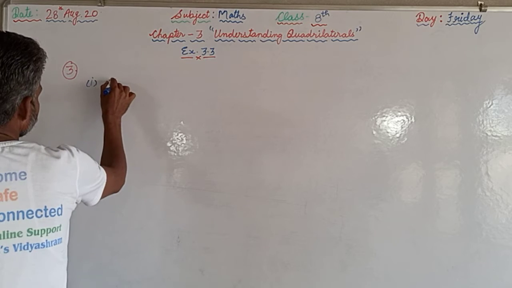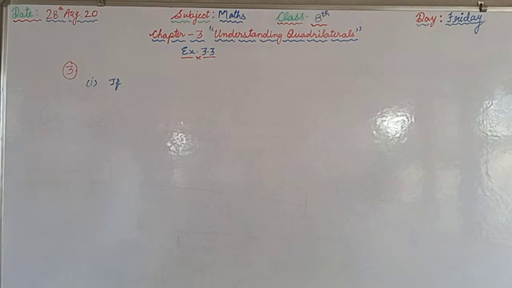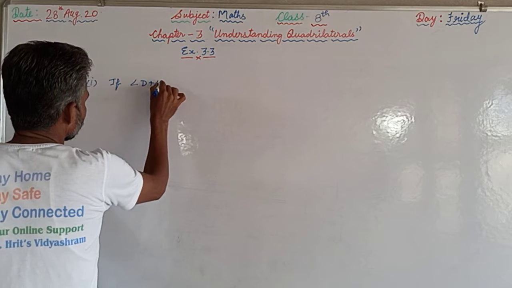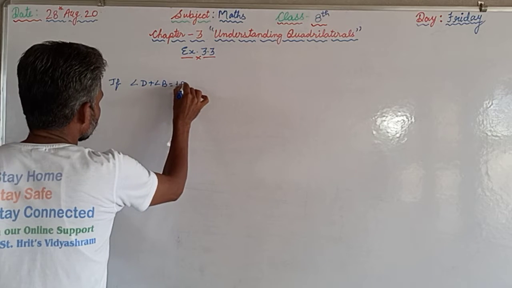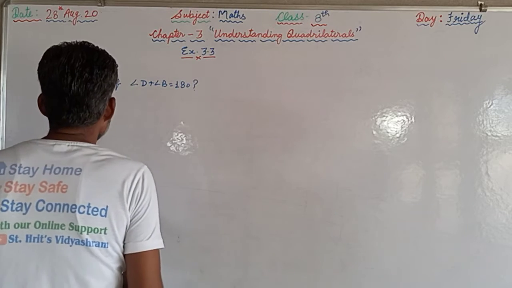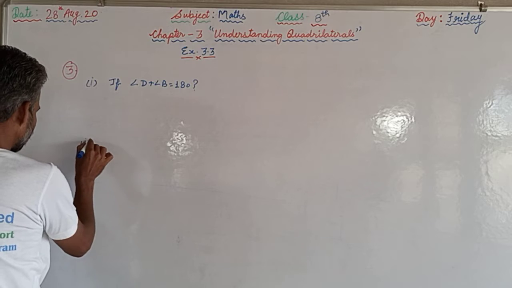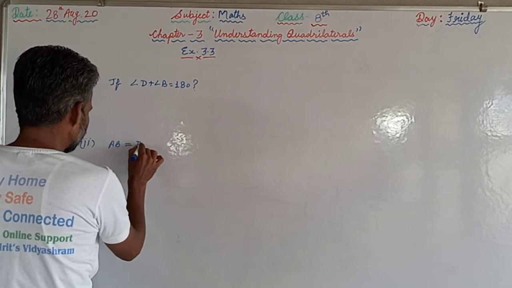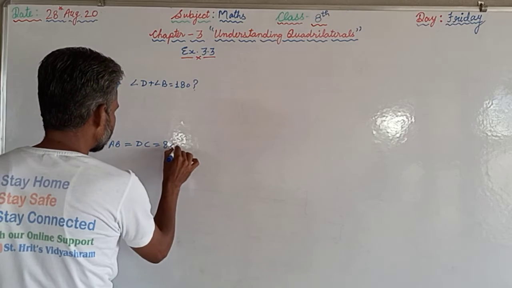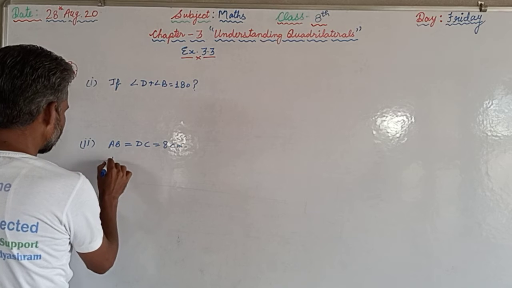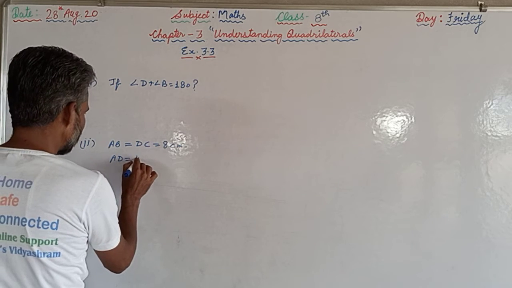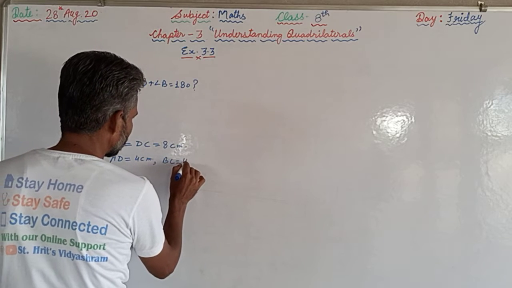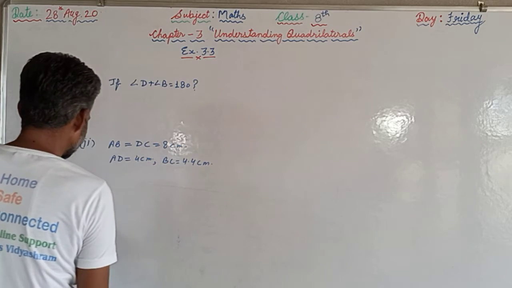If angle D plus angle B is equal to 180 degrees. The second case is AB is equal to DC is equal to 8 centimeter, and it is also given that AD is equal to 4 centimeter and BC is equal to 4.4 centimeter.